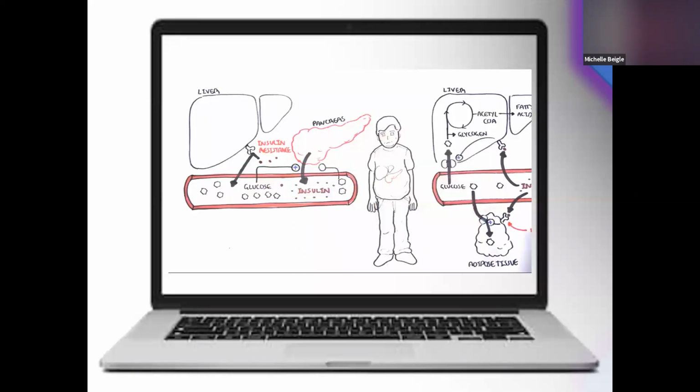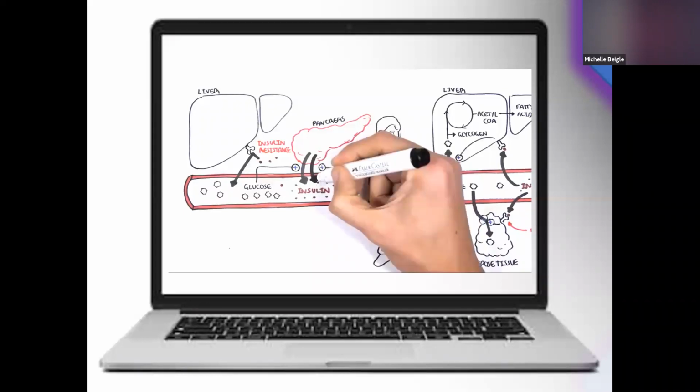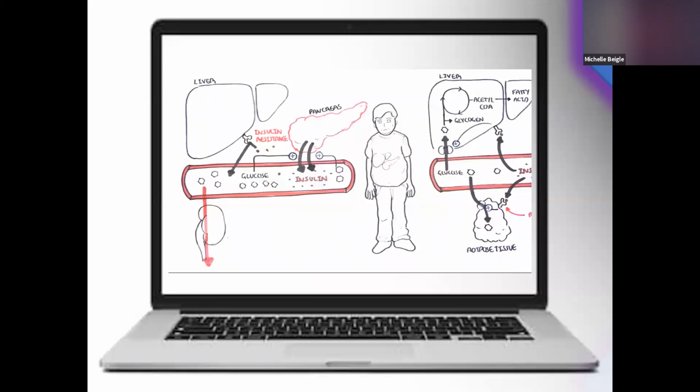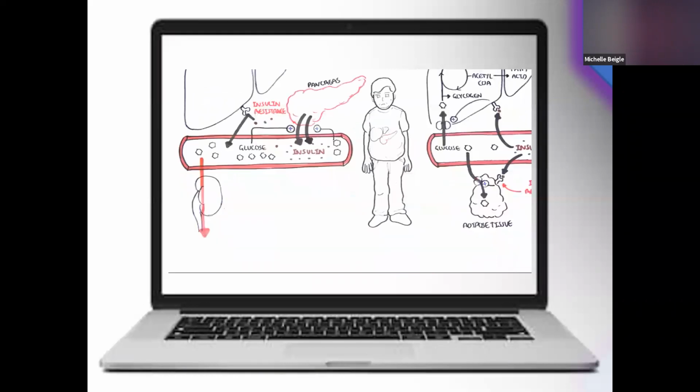Because there is high blood glucose, the pancreas is told to secrete more insulin, despite not changing the fact that insulin resistance is present. With persistent high blood glucose, the glucose will travel to the kidneys and be secreted out.